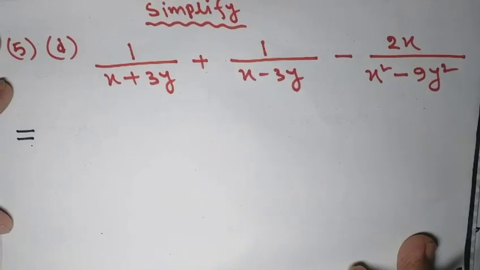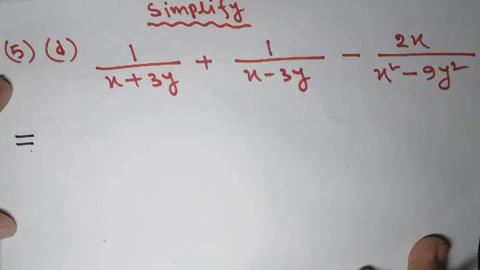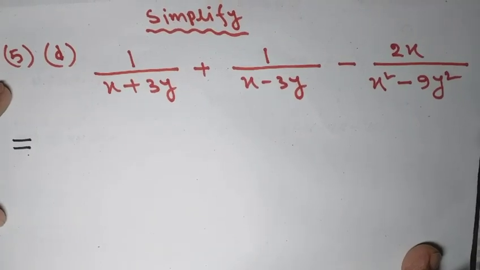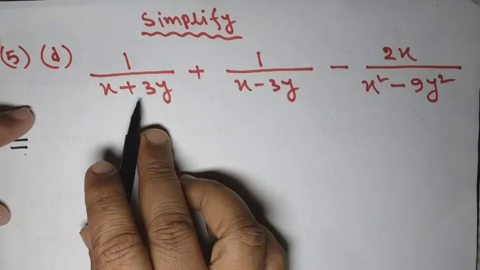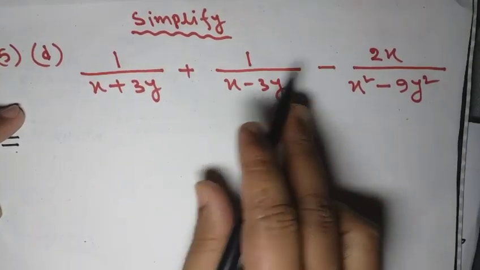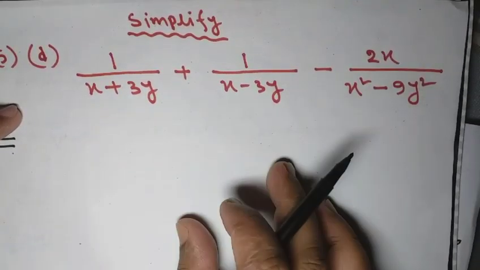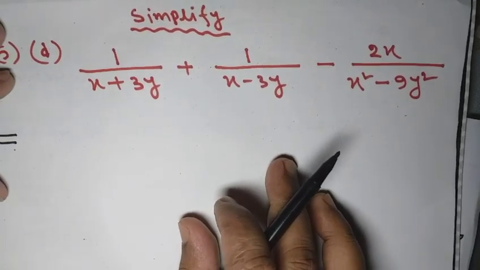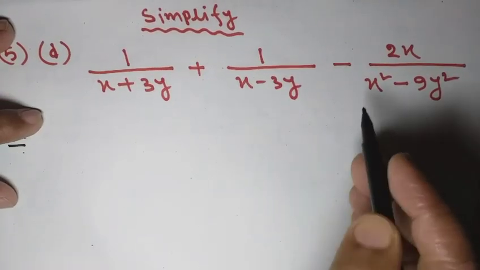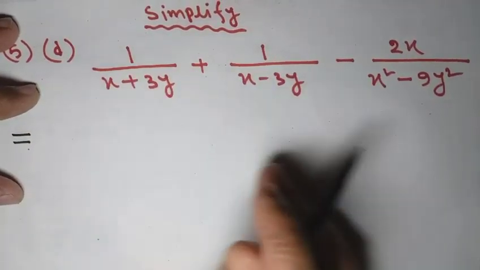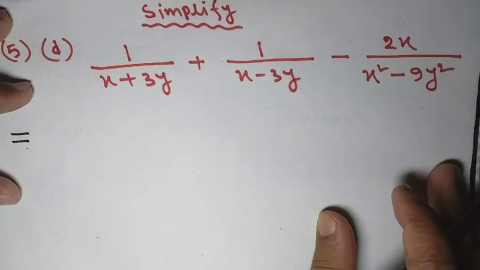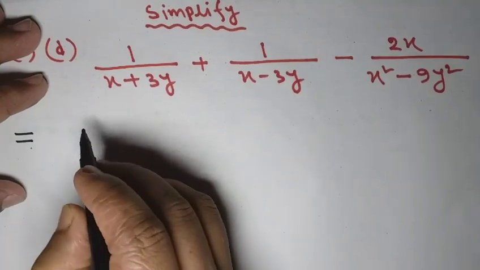Okay student, now we will solve another math. It also simplification, 5 number D. So you can see here plus and minus, these two operations are mixed here. Okay, first we will solve x square minus 9y square, we will break it down, then we will solve LCM, then we can do the math.